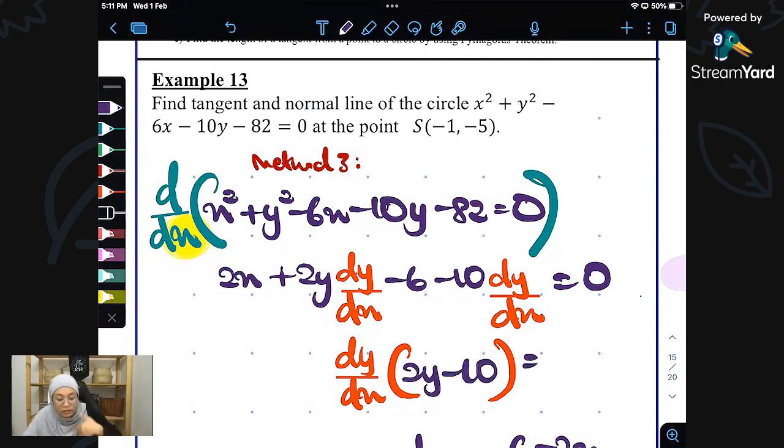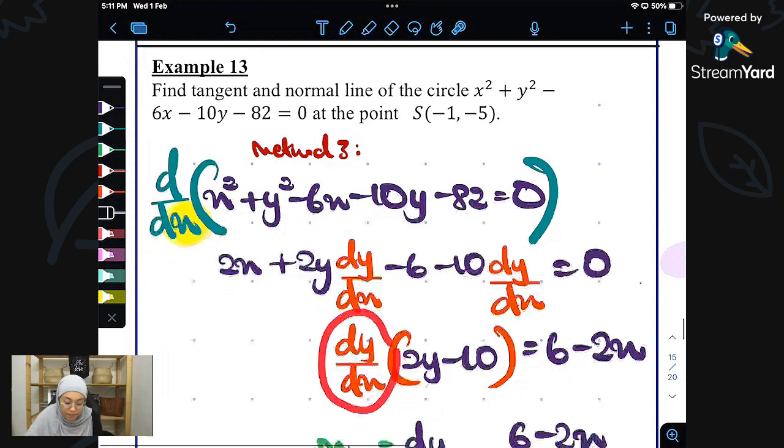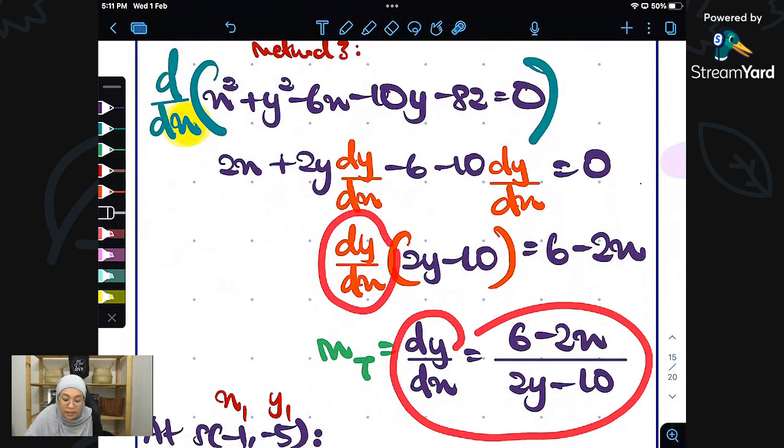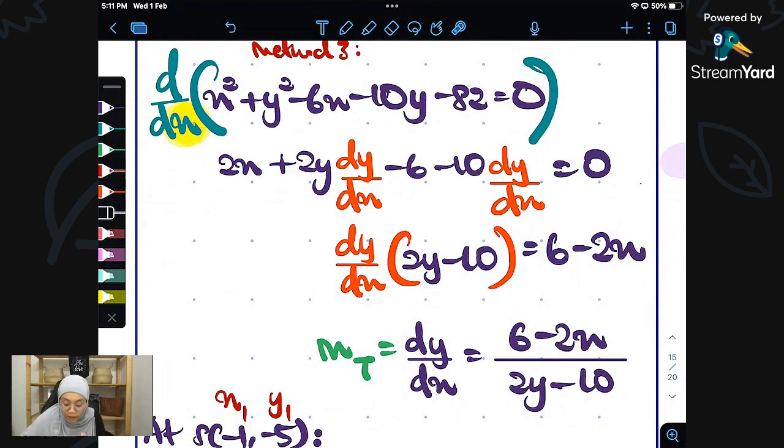And then the rest of it, I bring it to the right-hand side, which gives me 6 minus 2x. So I make dy dx the subject, and I get 6 minus 2x over 2y minus 10.